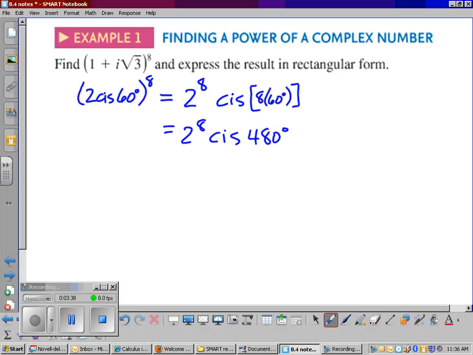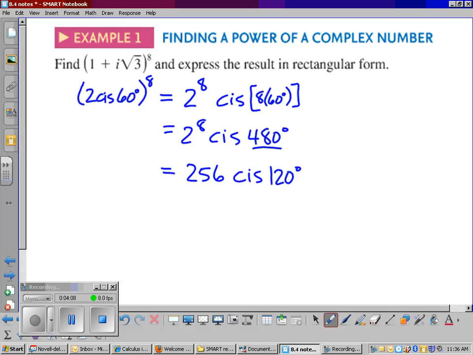Now 480 is not in the first revolution of the circle, and it's going to be more convenient to have that angle be between 0 and 360. So I want to find the angle that's coterminal with 480. 2 to the 8th is 256. And then if I subtract 360 from 480, I get 120 degrees. So this is my answer in polar form for 2 CIS 60 raised to the 8th power.